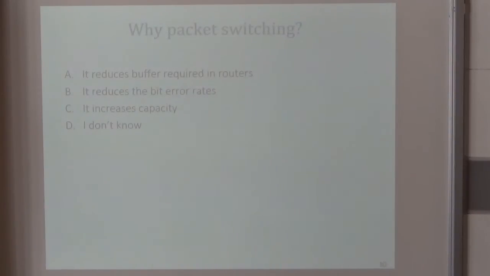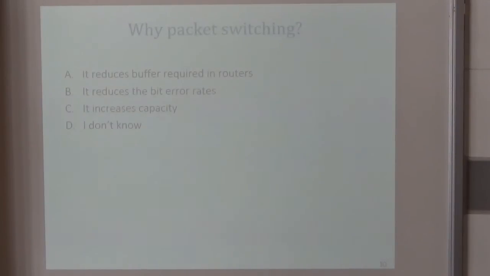In fact, information theory will say that's exactly the opposite. If you have a single path and you transmit hop by hop an entire file, you will have a better capacity than if you transmit packet by packet, essentially because multiple losses could occur on the path. For every loss, you will need to retransmit.